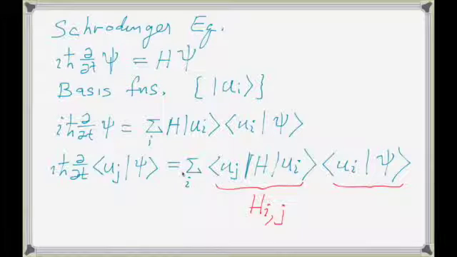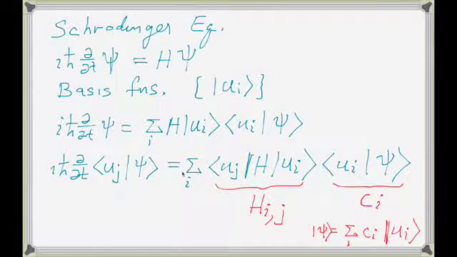If we write our psi as a linear combination of the u_i, then psi is just the sum over i of c_i u_i. And this is that weight, c sub i, and this is simply c sub j of that weight, some complex number.